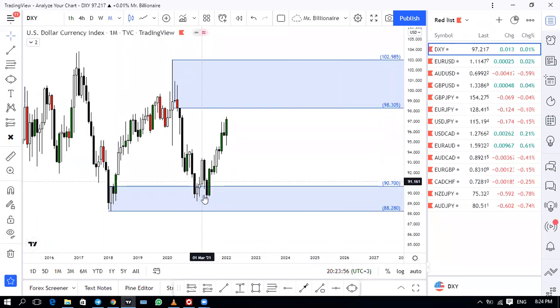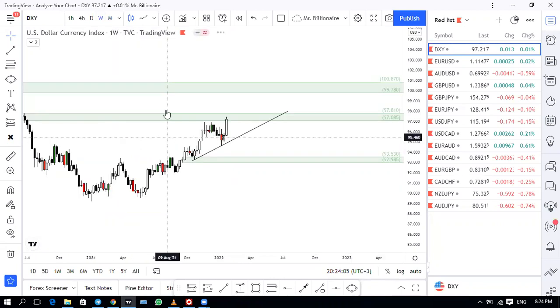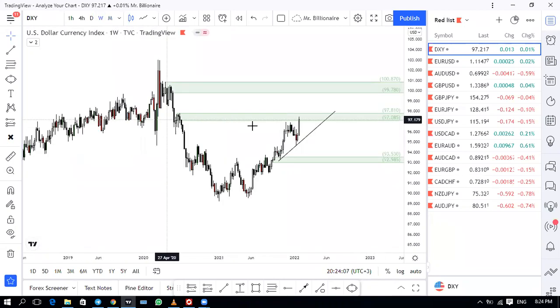This is the monthly demand pushing up, and we had an obstacle here, the weekly supply.